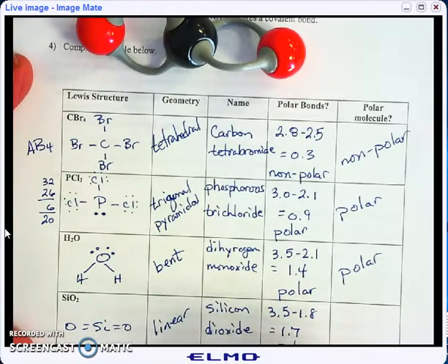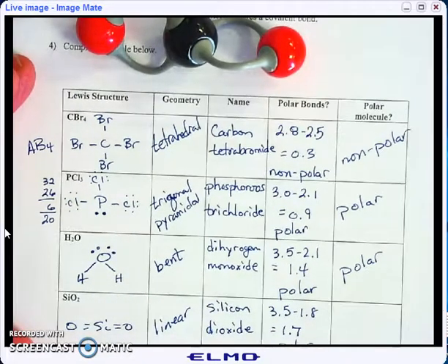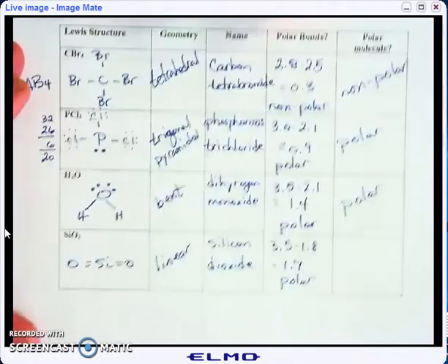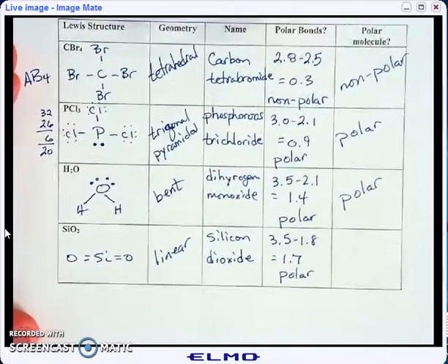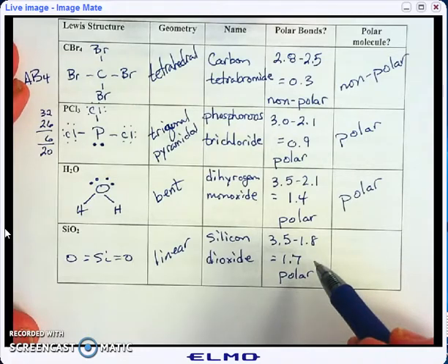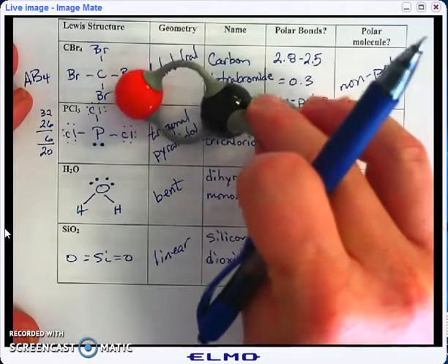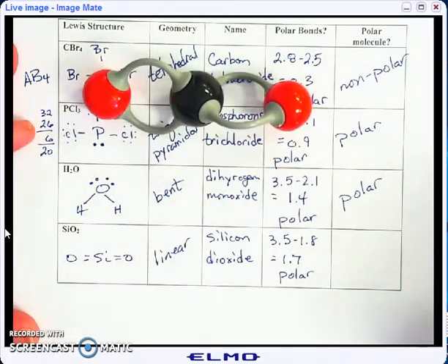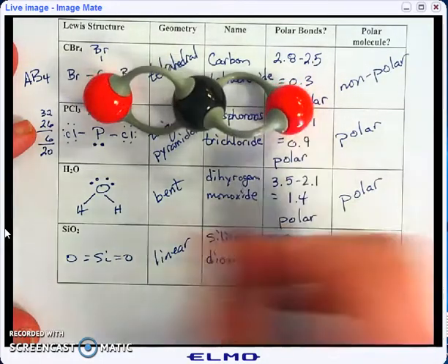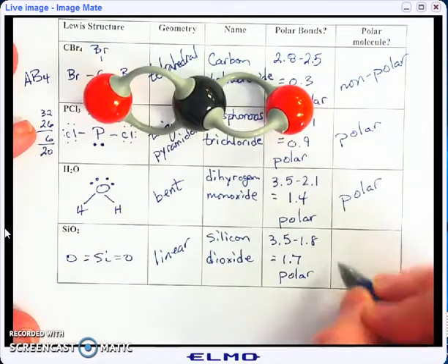It's right on that dividing line. Okay? Right on that dividing line. And the molecule itself? So tell me which side wins if it's polar. Which one of these is pulling harder than the others?